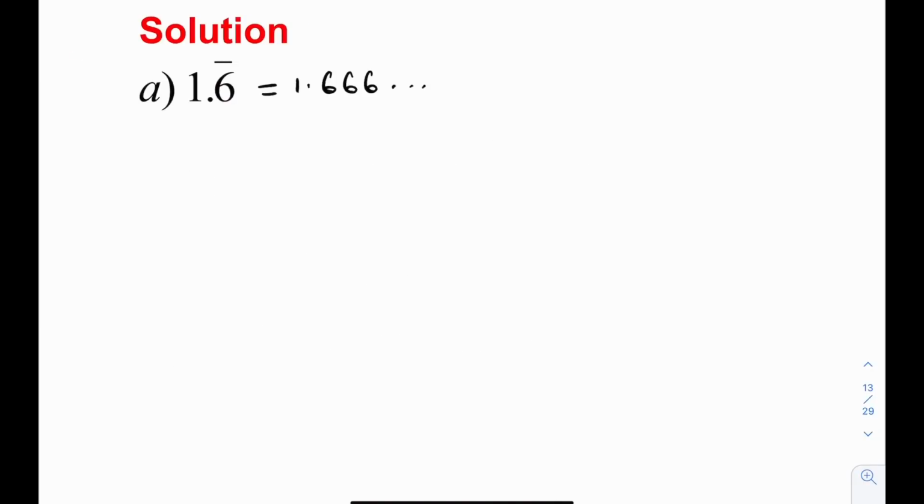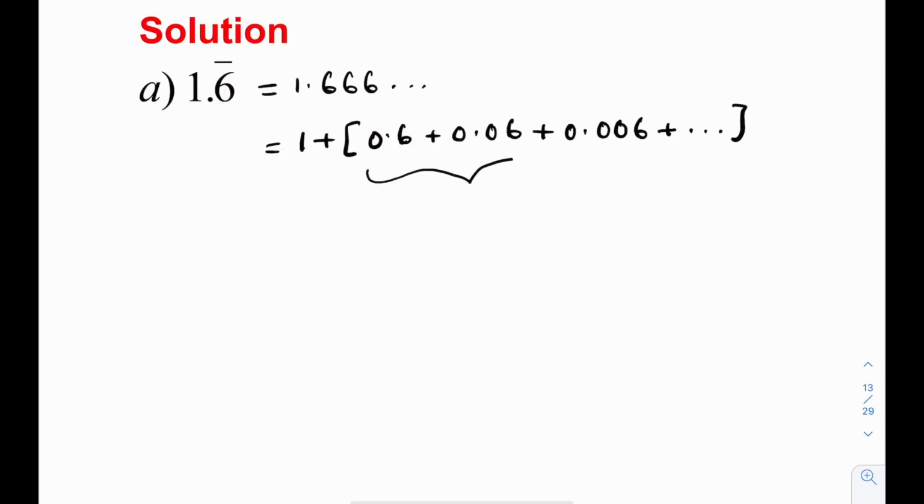In order to solve 1.6 bar, or 1.666 triple dots, the first step is you need to write it as a series, which equals 1 plus 0.6 plus 0.06 plus 0.006 plus triple dots. And then we know that here is a series where you can calculate S infinity.